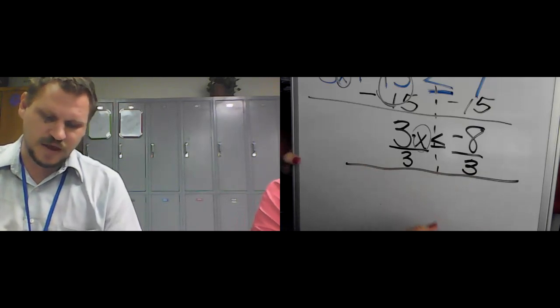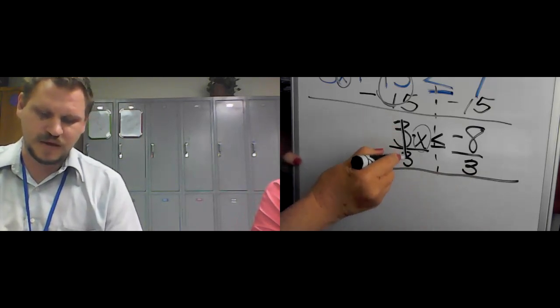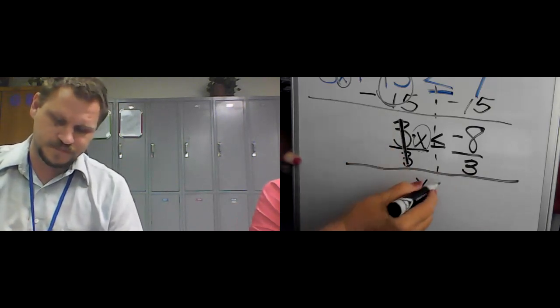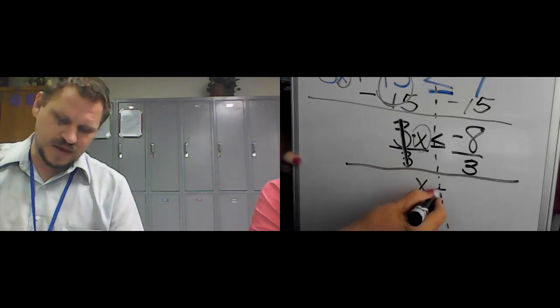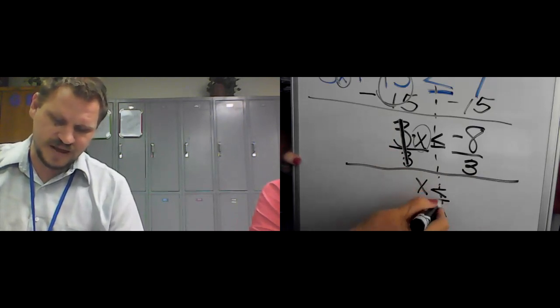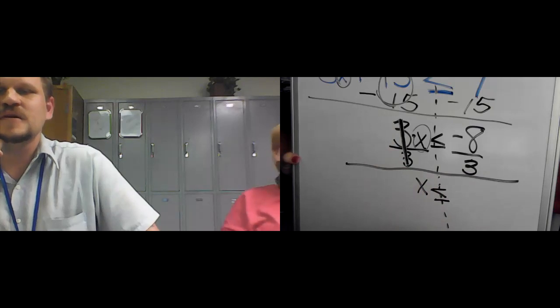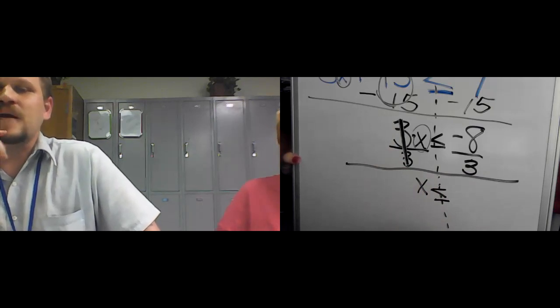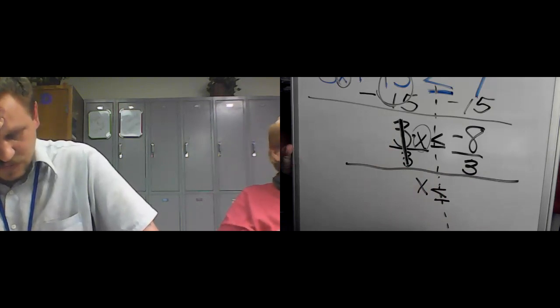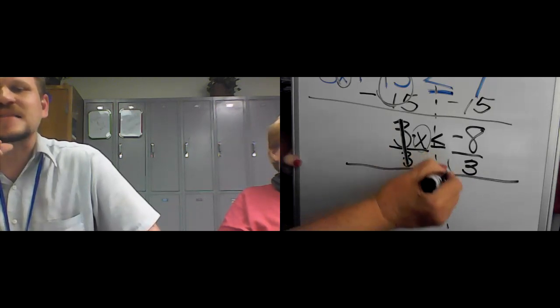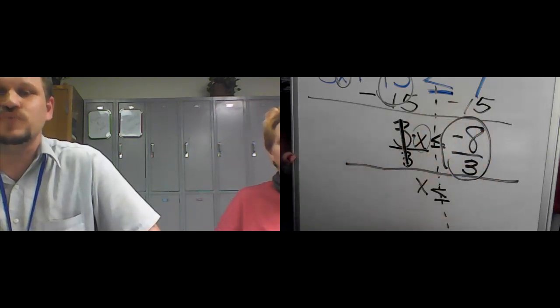So since the 3 cancels from the top, we can just bring the x down, bring the less than or equal to down. And then -8 divided by 3, it's going to be a fraction, right? It's not going to come out even.